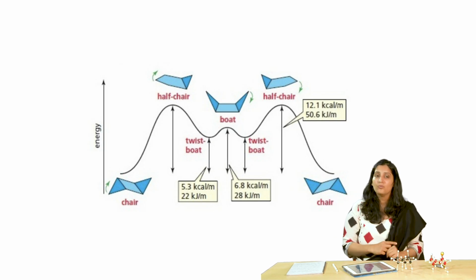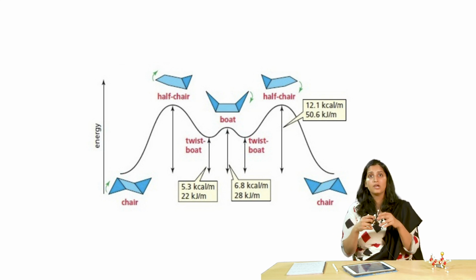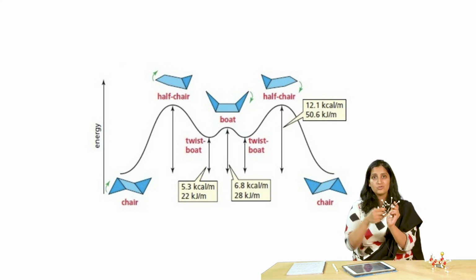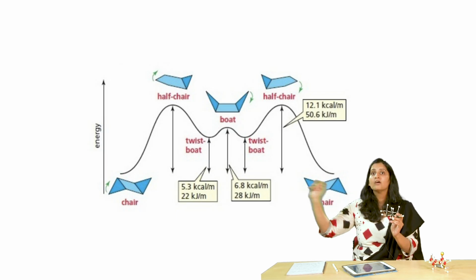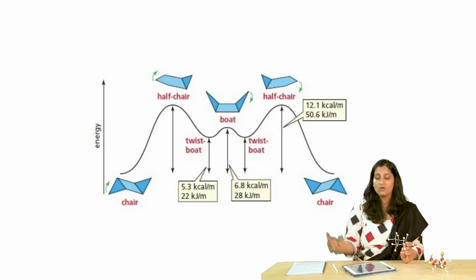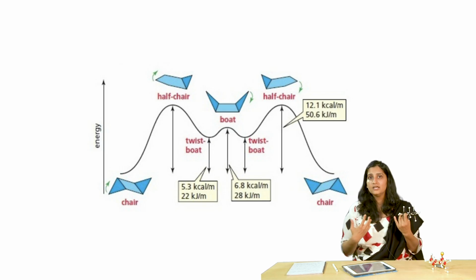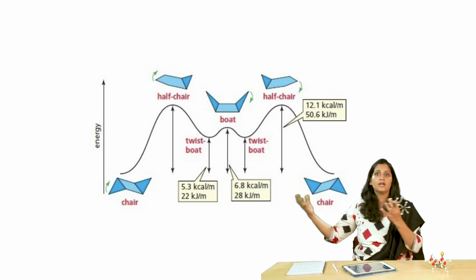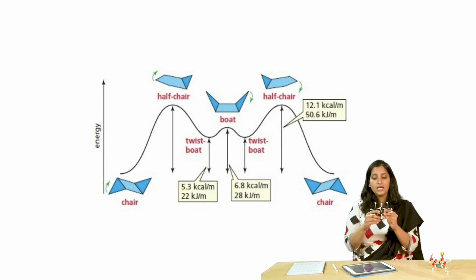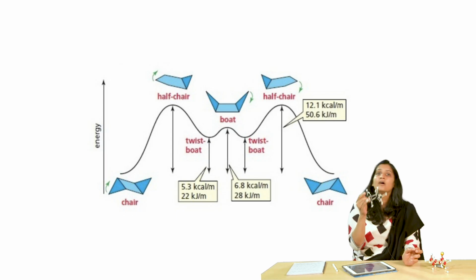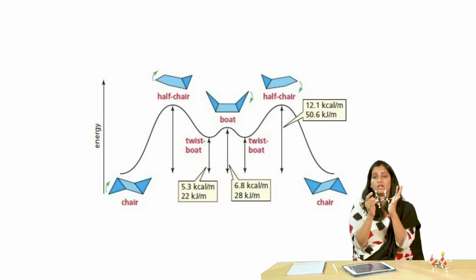But now, what if I lower the temperature and take away the energy of this molecule? Remember, the molecule has to go through all of these energetic conformations as we saw on this graph. If I take away the energy it needs to go through the half chair to the boat and then to the other chair, I may be able to lock this molecule in a chair form.